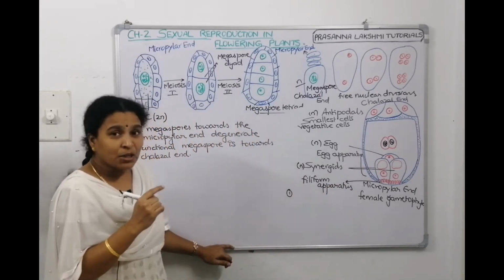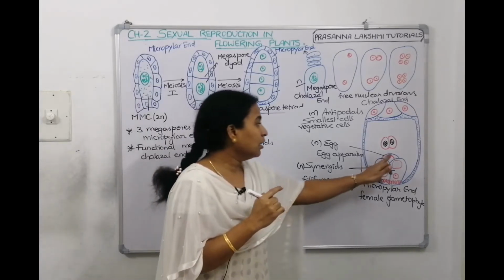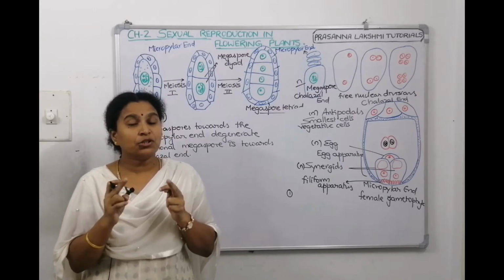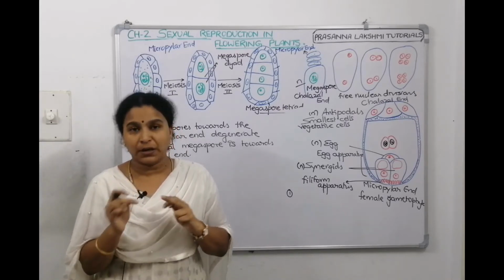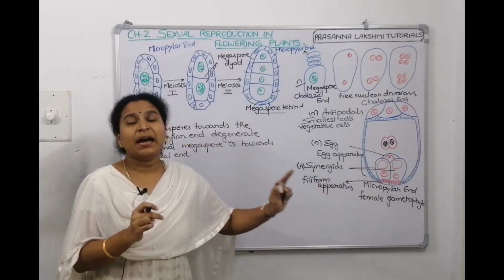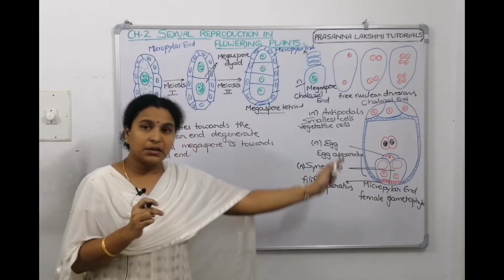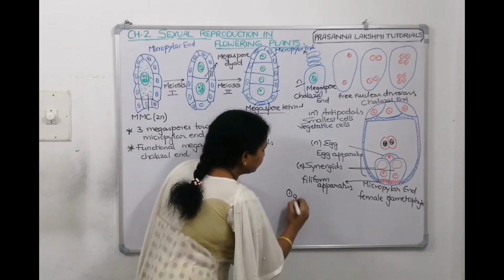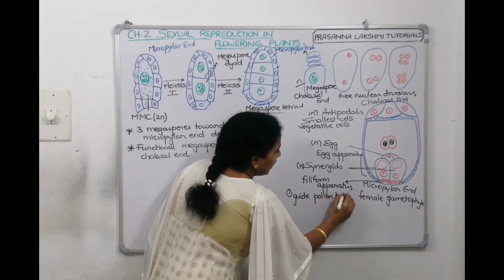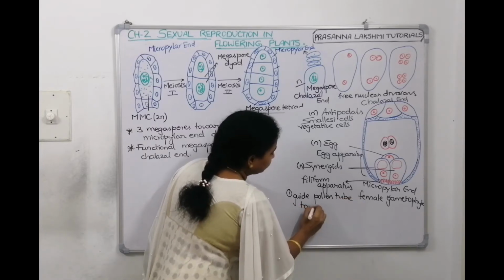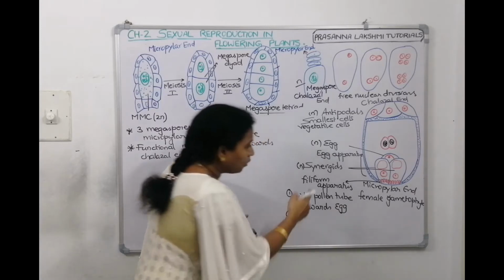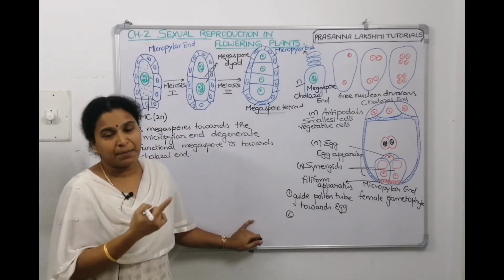They guide the pollen tube to reach the egg. What is the pollen tube bringing? It's bringing male gametes. Male gametes should reach the female gamete and lead to fertilization. So the filiform apparatus guides the pollen tube towards the egg. That is one function of the finger-like projections called the filiform apparatus.